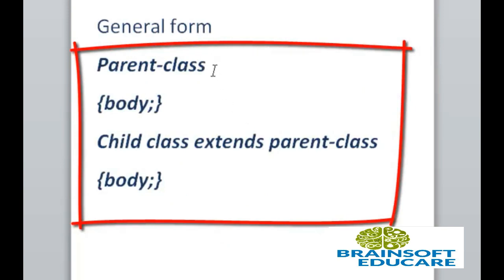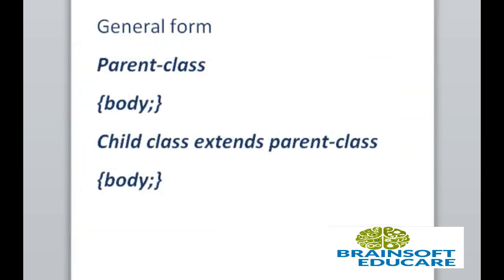First of all is the parent class. Parent class must be declared before the subclass. Here the keyword extends is used, which shows that parent class is superclass and child class is subclass. In this body, we can use the parent class variables and methods.